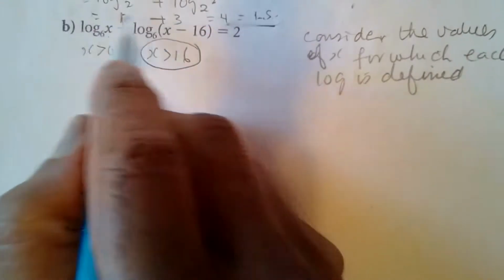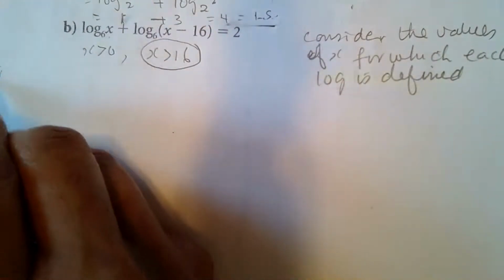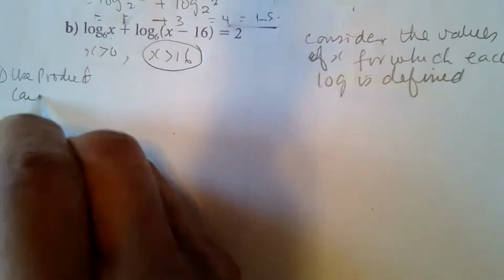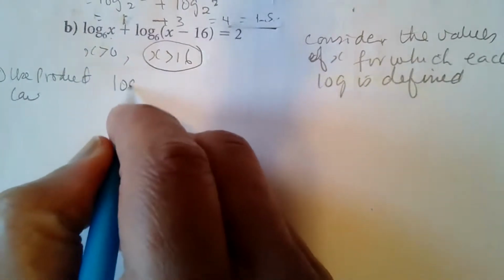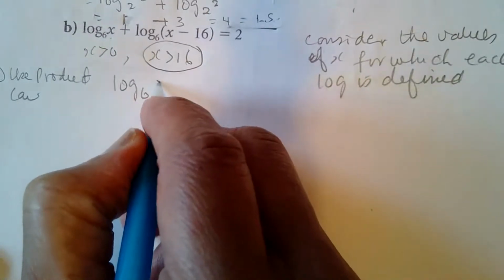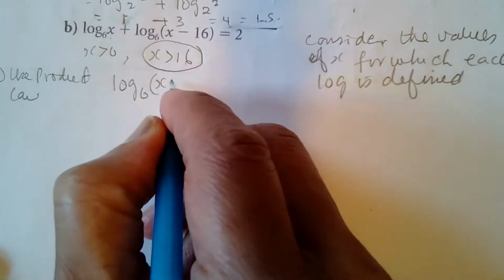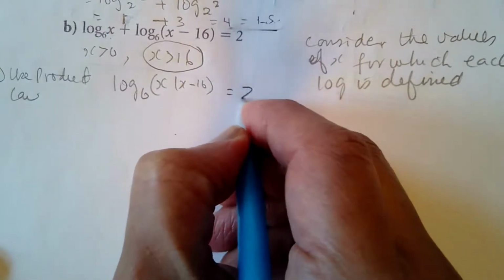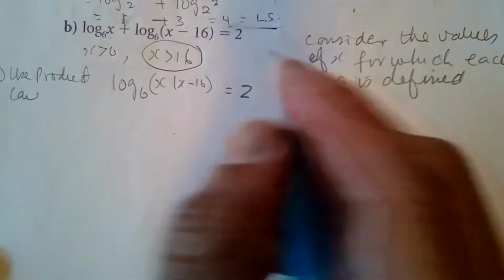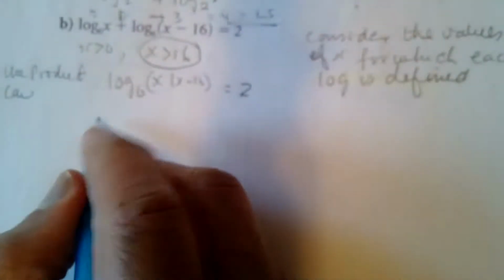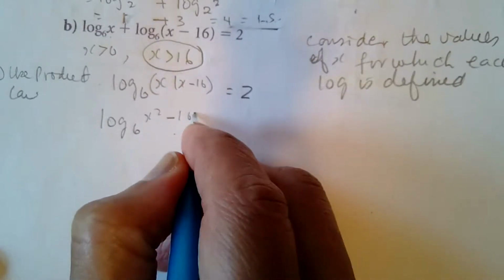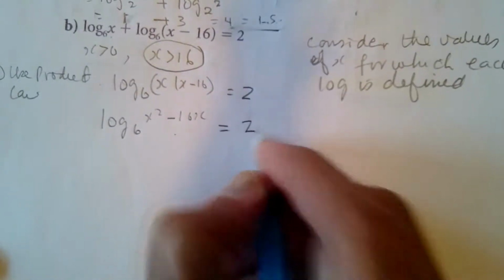So we use the product law. So this becomes log base 6 of x times x minus 16 equals 2. So we have log base 6 of x squared minus 16x equals 2.